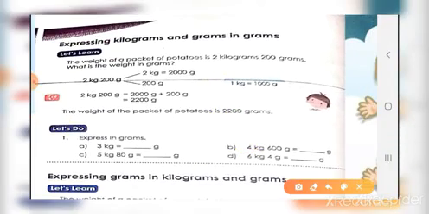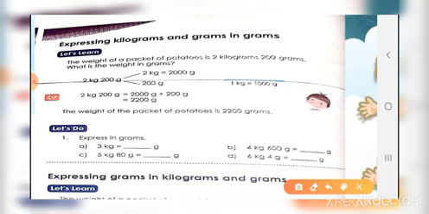So what is the weight in grams? Now can you tell me what is the weight of the potatoes packet? Yes, that is 2 kilograms and 200 grams. What do we need to find? We have to convert kilograms and grams into grams. So let's go ahead.